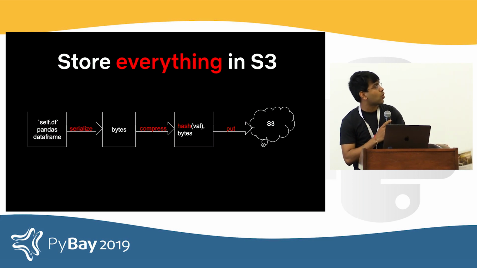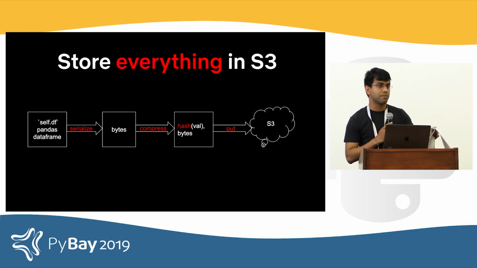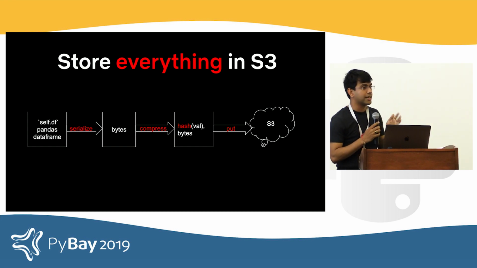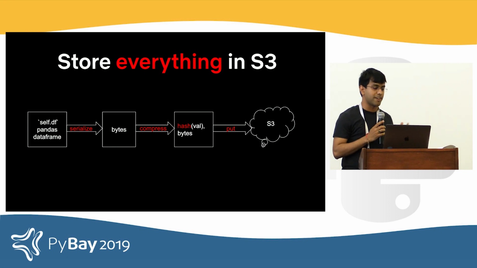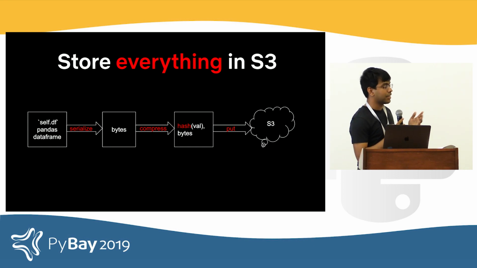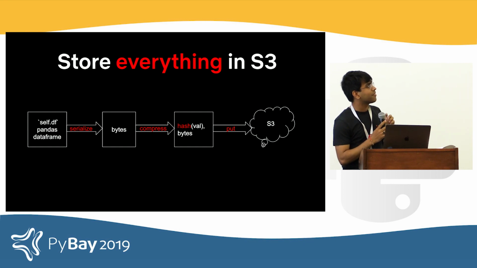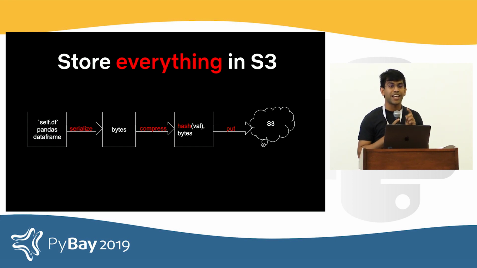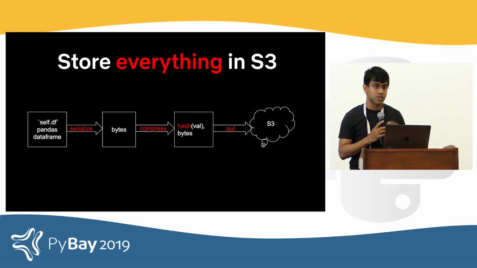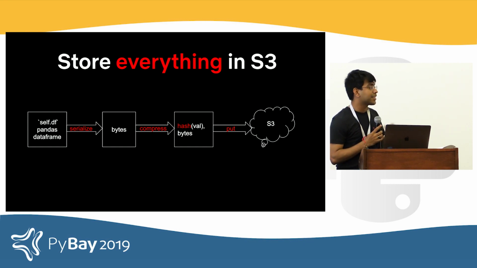S3 is a simple object-based storage system. What that means is you can have as many buckets as you want that contain objects with a user-defined unique key. We actually play a couple of neat tricks for storing everything on behalf of our users within Metaflow, like that big pandas data frame that you saw in some of our previous examples.